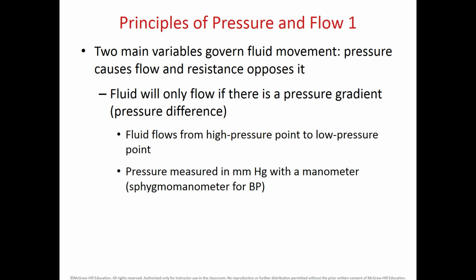So you will have a gradient or a pressure difference. If there is no pressure difference, if you have the same pressure on 2 different segments, there won't be any flow of blood. Sometimes I compare this to when someone is trying to push another person, and this person is the same weight, and they don't fight, they don't wrestle, they're simply just trying to push each other.